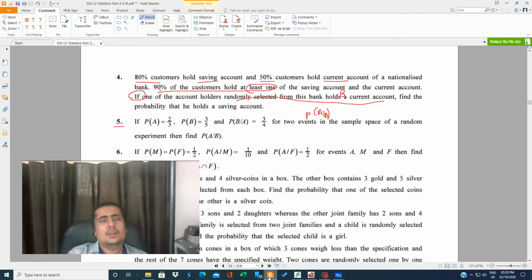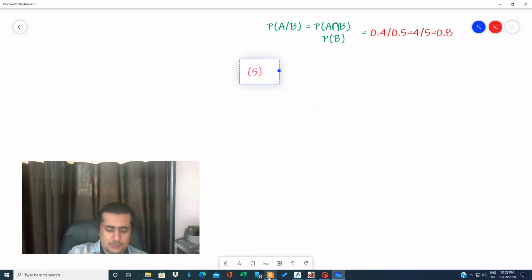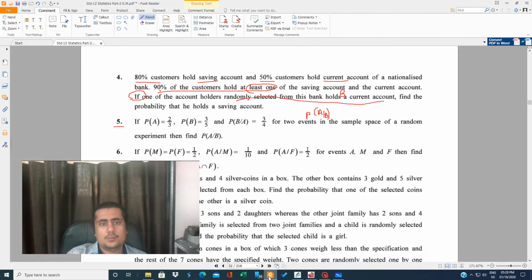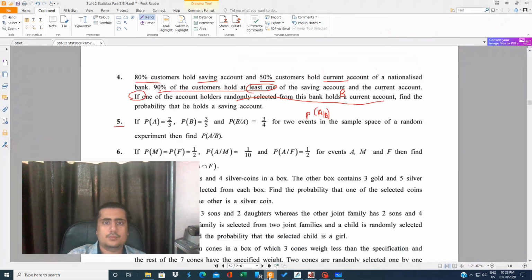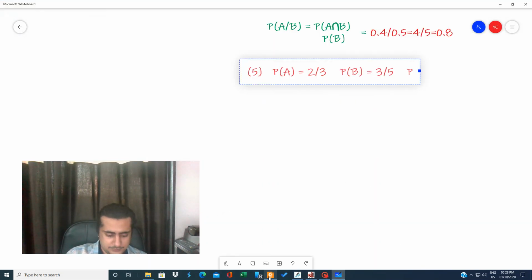P of A is 2 by 3. P of B is 3 by 5. And P of B upon A is 3 by 4.